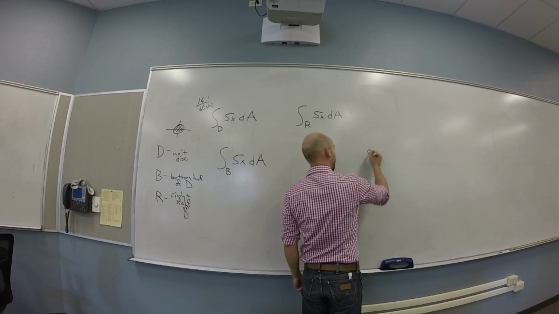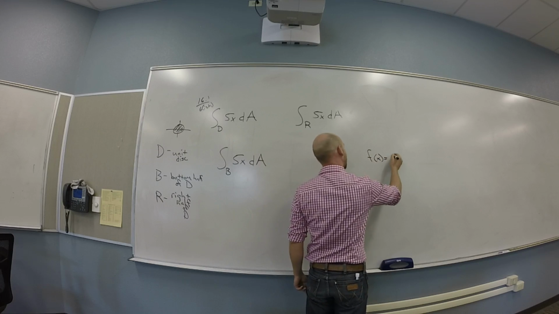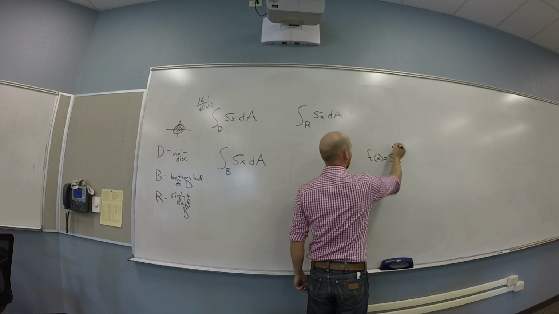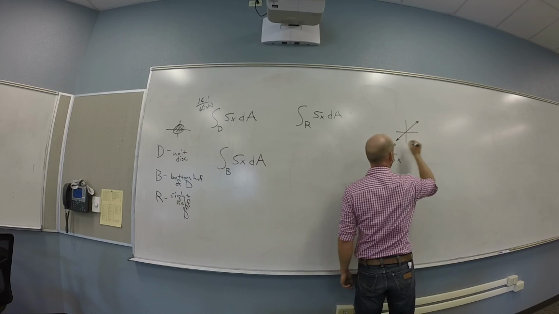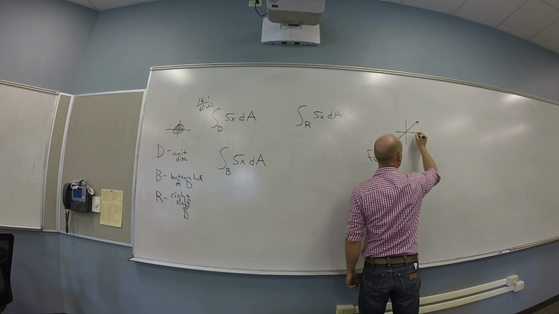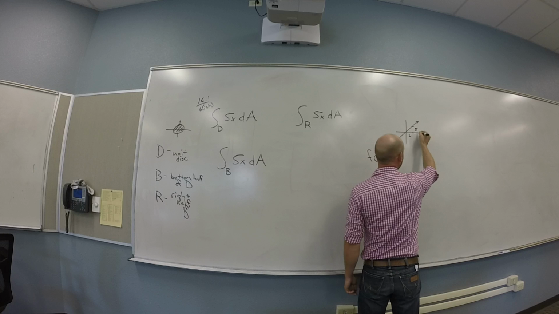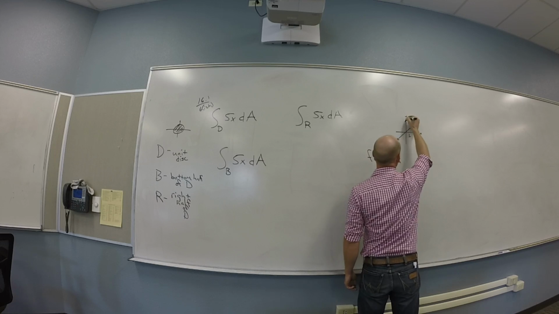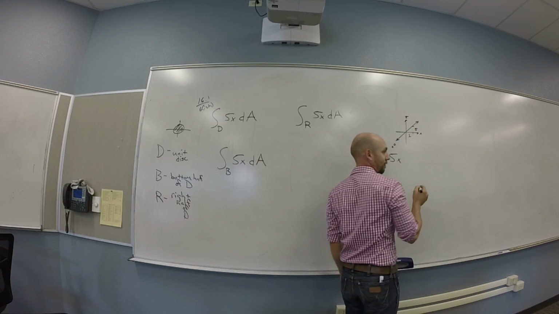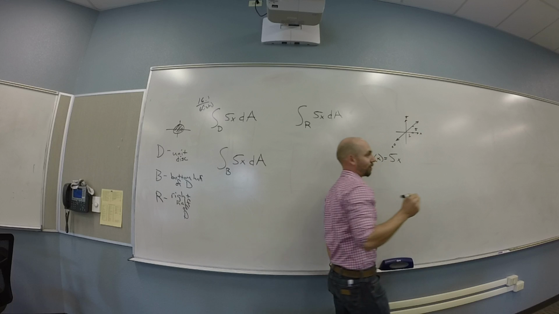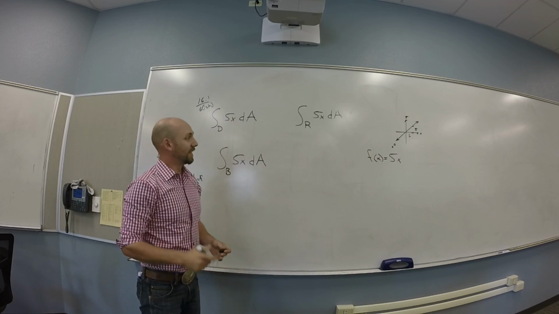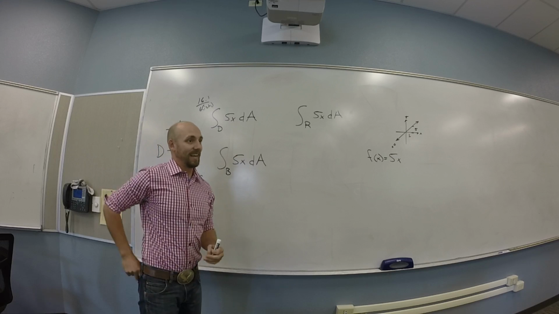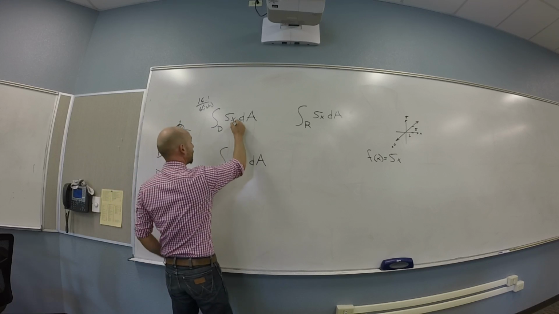So if I wrote f of x is 5x, I would really like you to think a line with slope 5, right? So that's over 1 unit, up 5 units. So there's a z. You guys with me on that? But this thing is living in 3D land. So the z's are going to go off into infinity.